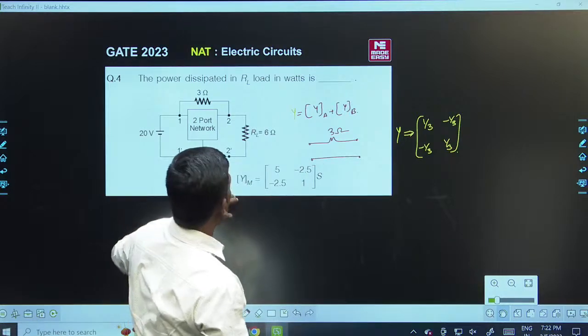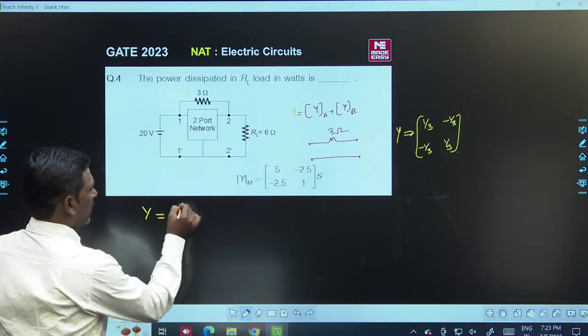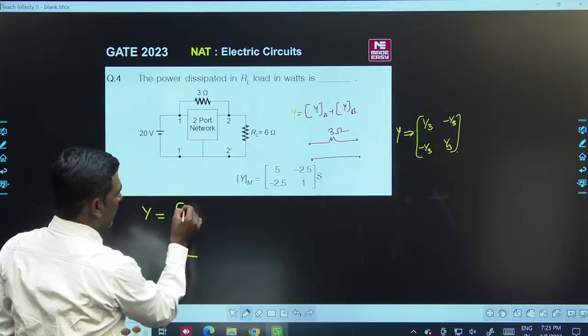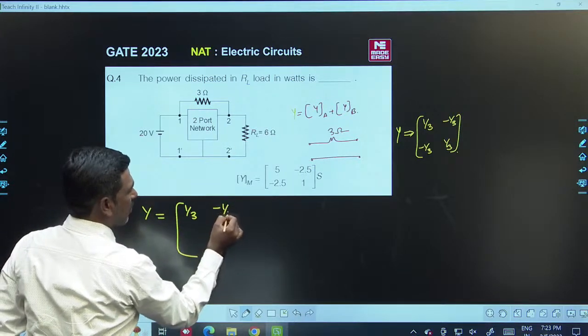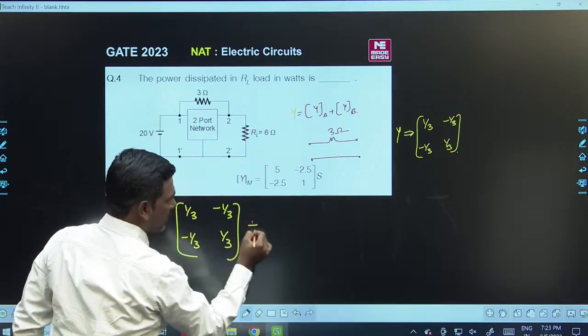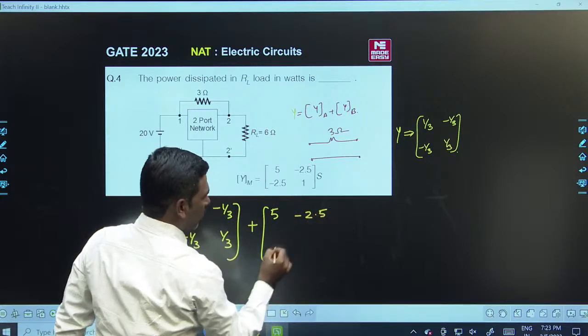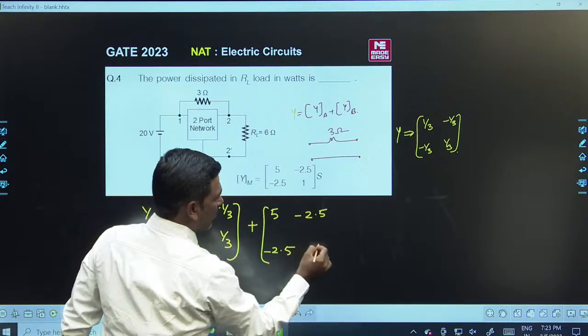So total Y is equal to YA plus YB: 1 by 3, minus 1 by 3, minus 1 by 3, 1 by 3, plus 5, minus 2.5, minus 2.5, 1.